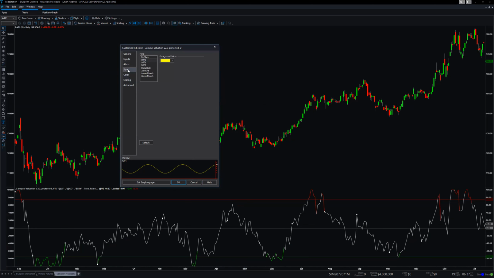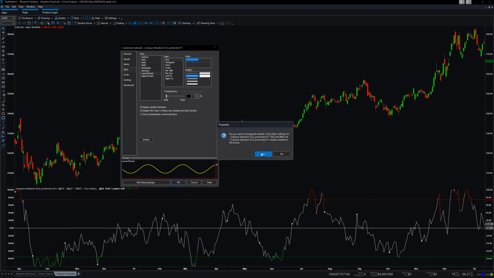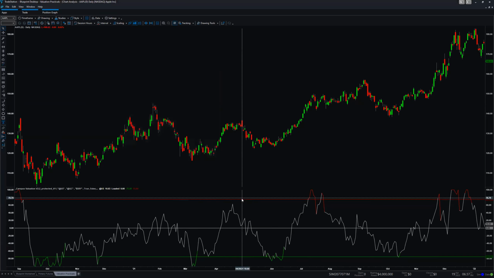And then I could also go to the color and the style. And on the style, if I look at, for example, my lower and my upper threshold, I could make them a bit bigger. I could set that as default. Right now it's a bit bigger.